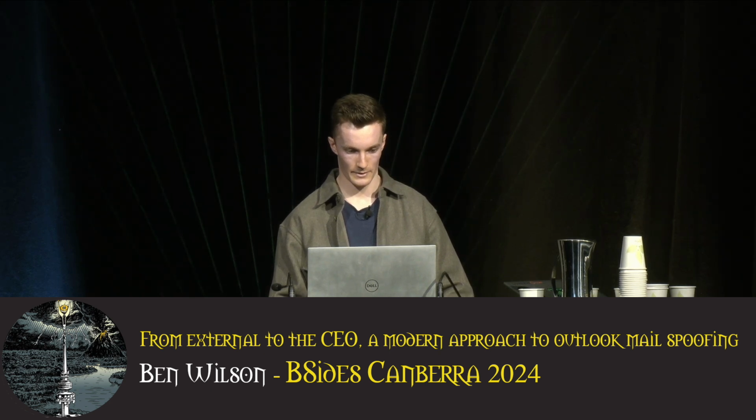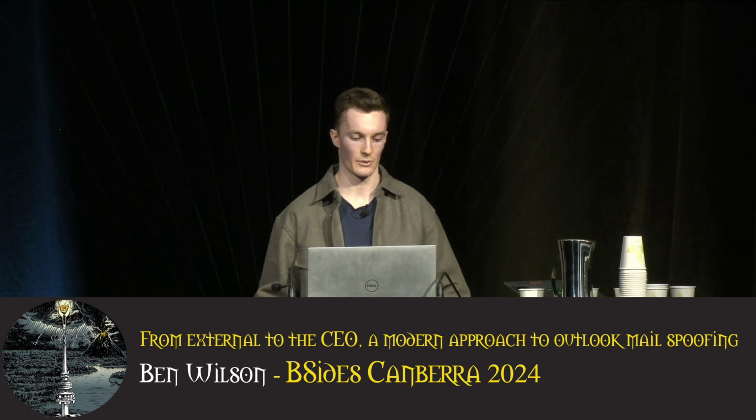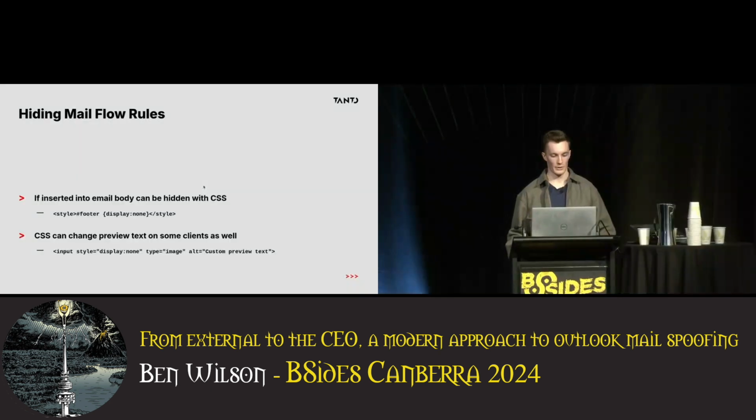One thing I've noted is if you've got mail flow rules and you're in Outlook desktop, including this input at the bottom with a type of image and alt text will hide the preview text, but in Outlook web it actually doesn't work. I think sometimes it will render that preview text instead of hiding it. So there are some slight inconsistencies. Most of the time it seems pretty similar though.